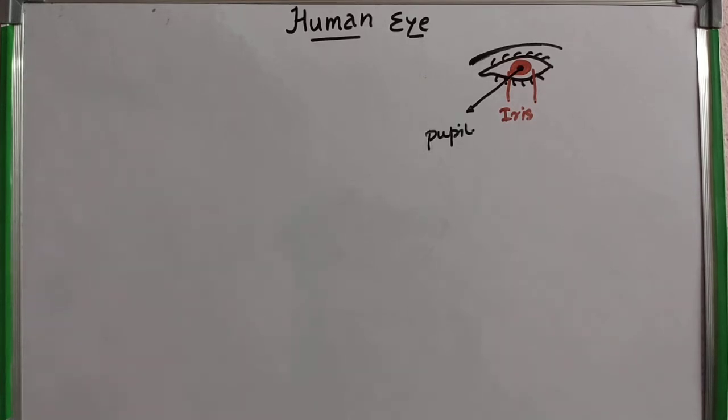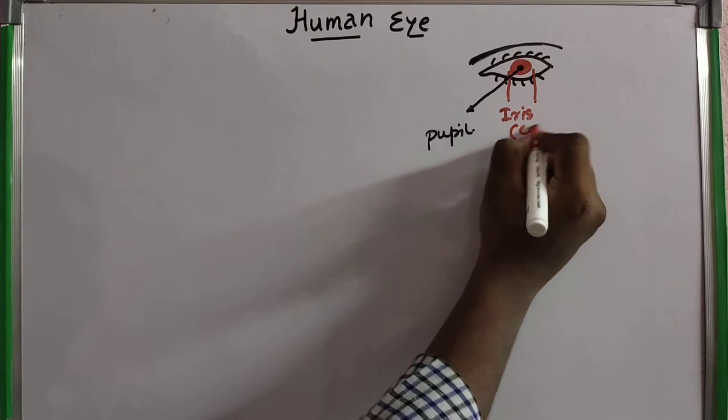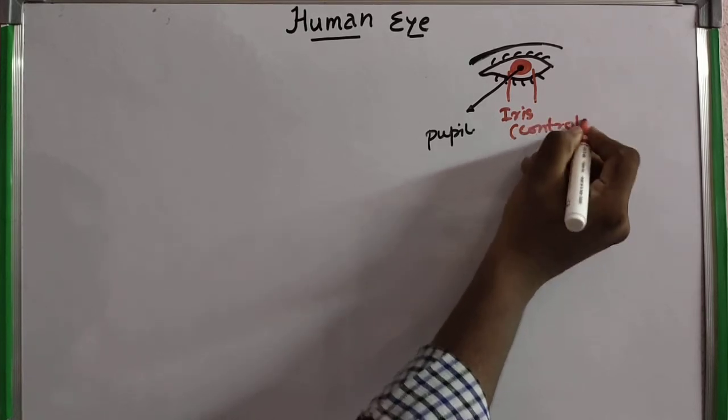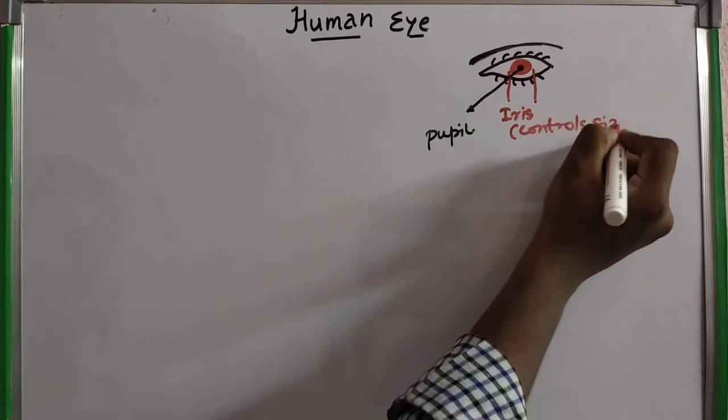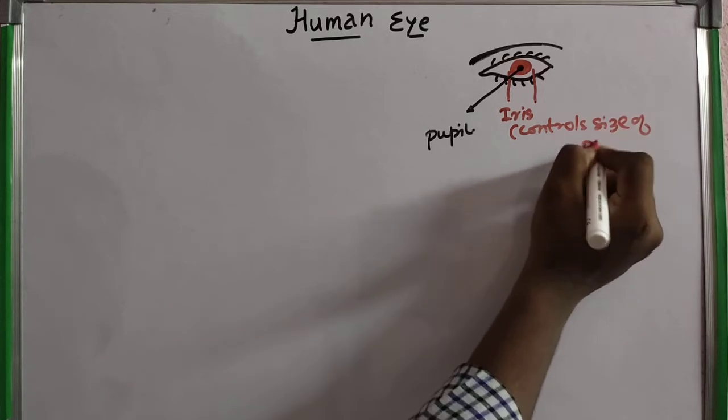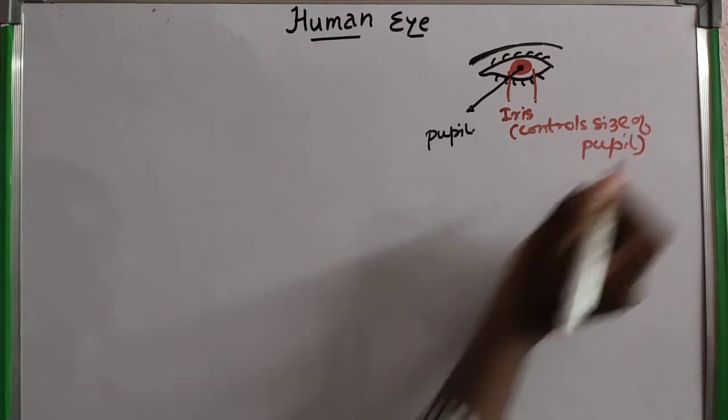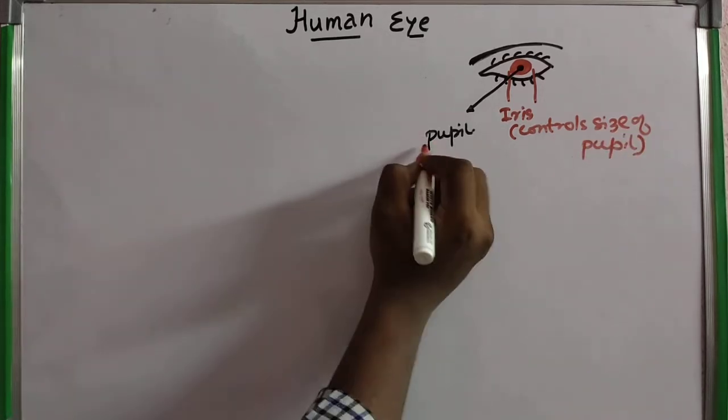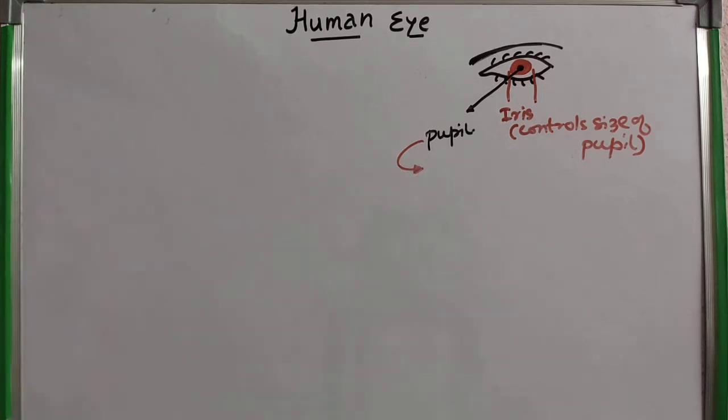What is the function of the iris? Iris controls the size of the pupil. The pupil is the opening through which light enters.